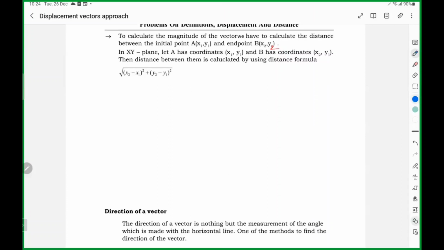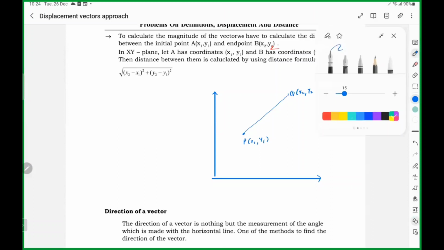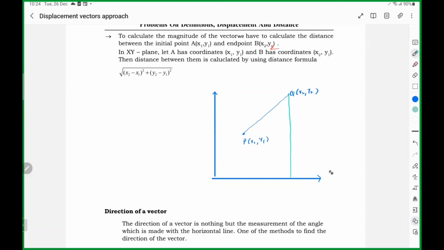If you take coordinate axes, x and y axes, and take 2 points P (x1, y1) and Q (x2, y2), the magnitude of this vector PQ: drop a perpendicular through Q to the x-axis and through P to the x-axis. Say another line I'm drawing parallel to the x-axis.